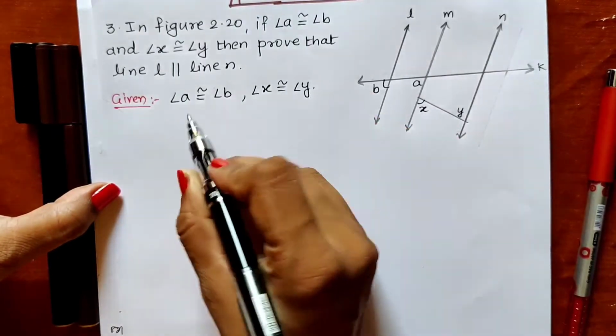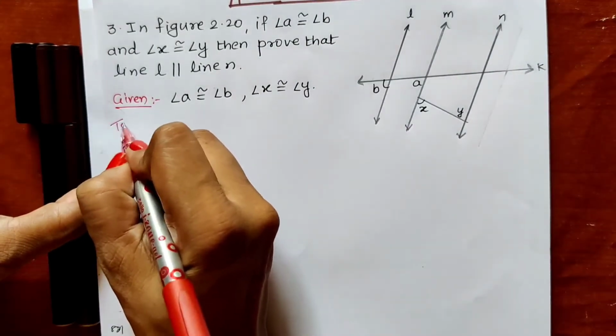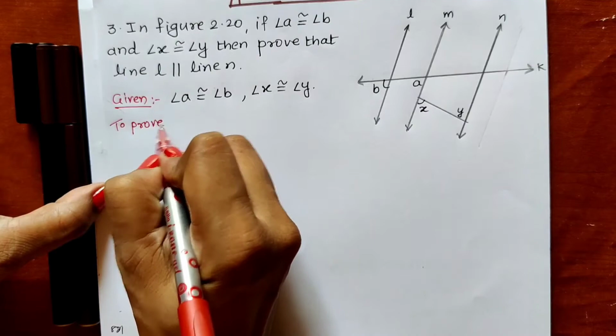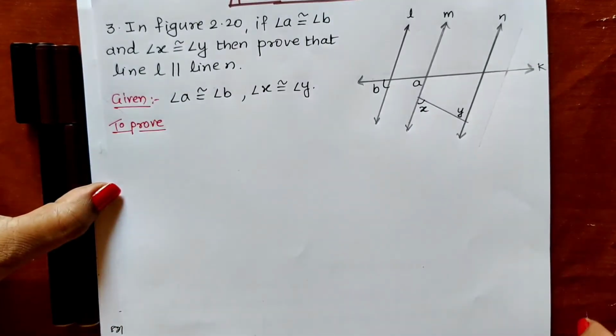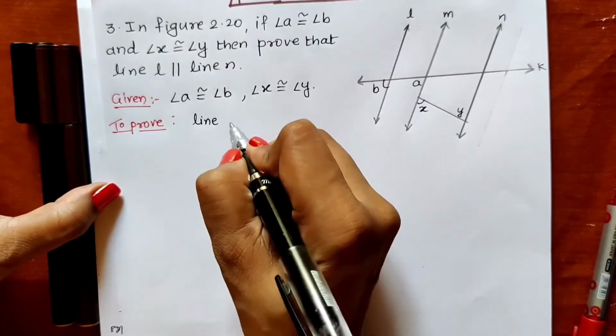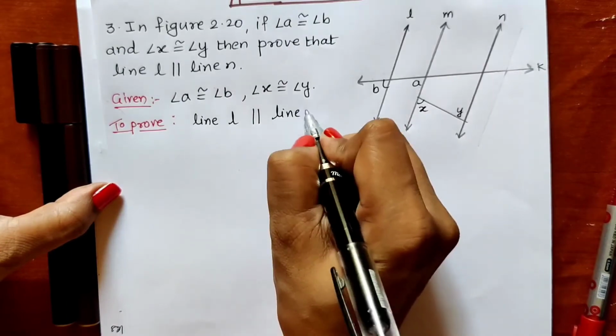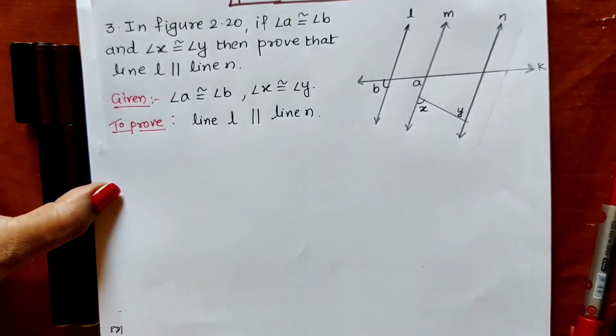These two things are given to us. We have to prove that line L is parallel to line N. This is to prove. So let us write the proof.